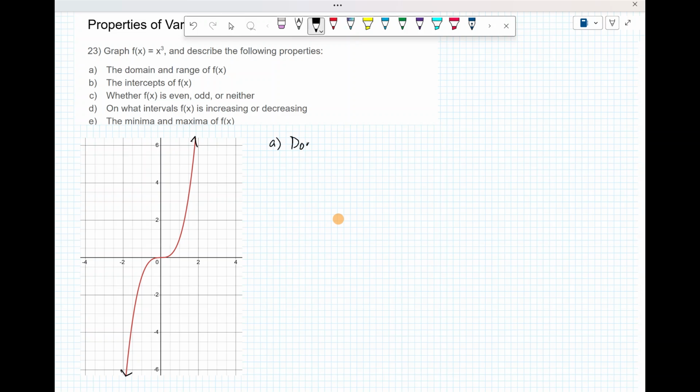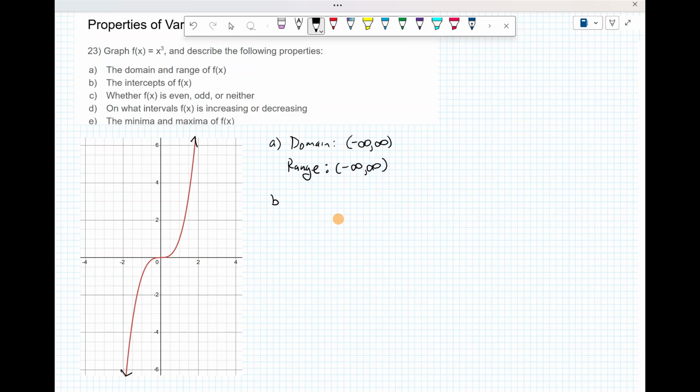So my domain is all real numbers, which we express as negative infinity to infinity. My range, it's very clear that my y values go up into positive infinity and down into negative infinity. So my range is negative infinity to infinity.